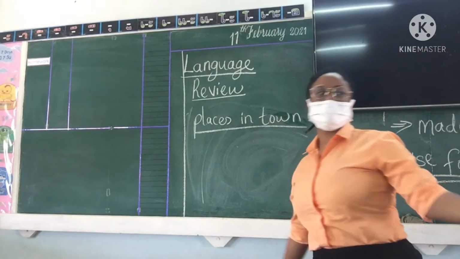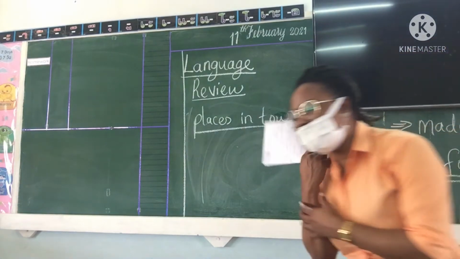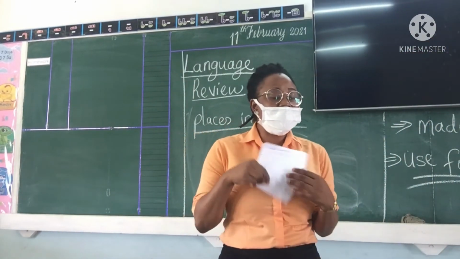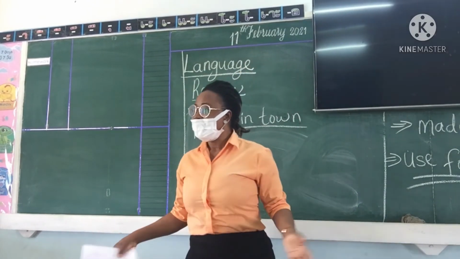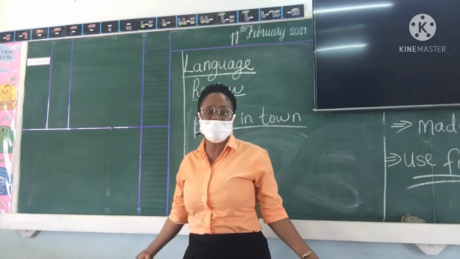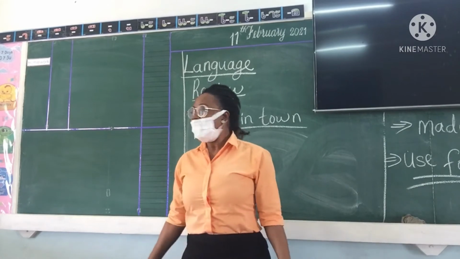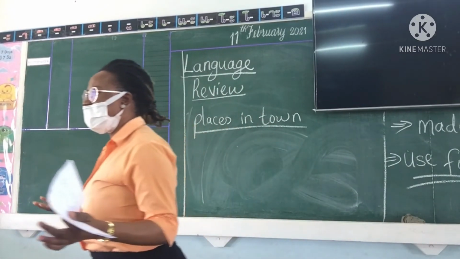Zoo. Yes. Police station. When you're sick, where do you go to? Hospital, right? If you want to relax with your family, you don't want to eat at home, where do you go to? Restaurant. If you want to do exercise, most people go to do exercise where?